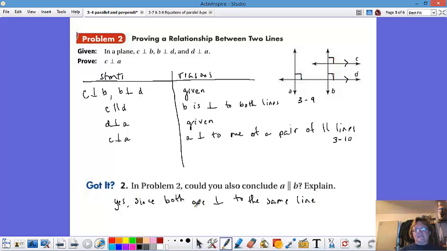But this is today's theorem. So yeah, we could say those are parallel because they're both perpendicular to line D. So, very interesting little lesson today. Pretty much common sense. I hope that you'll take a look at that. Try it as quickly as you can, and then we'll see you in the next class period.